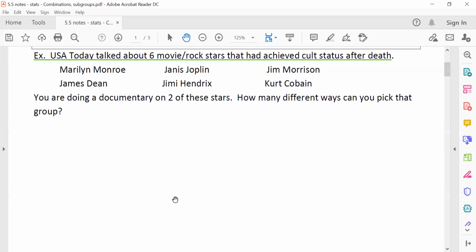So USA Today talked about 6 movie/rock stars that achieved cult status after death. Just kind of weird because there's a cult of personality about these 6 people. And that's actually pretty darn true. These are some pretty big names. Marilyn Monroe is a huge name. James Dean was a very famous movie star.